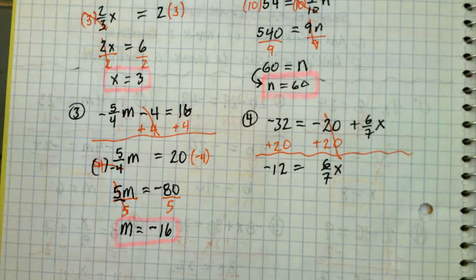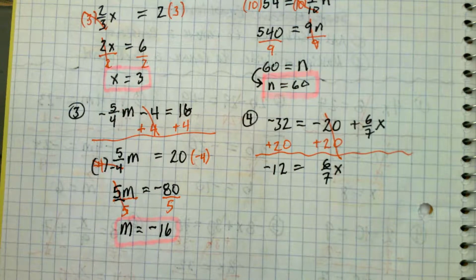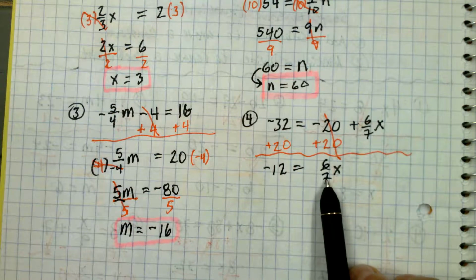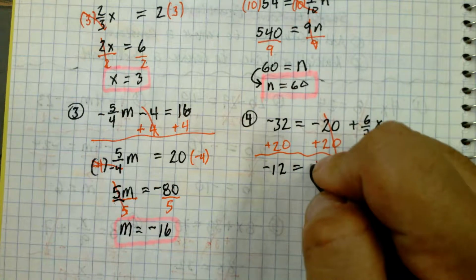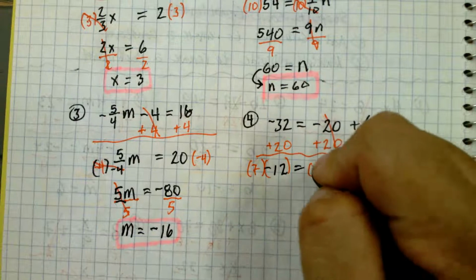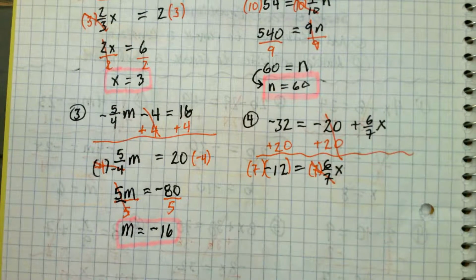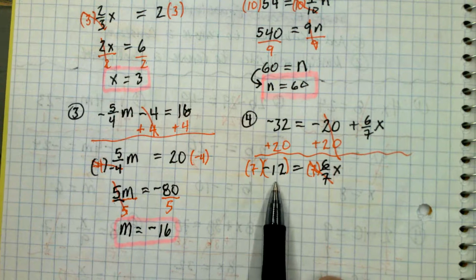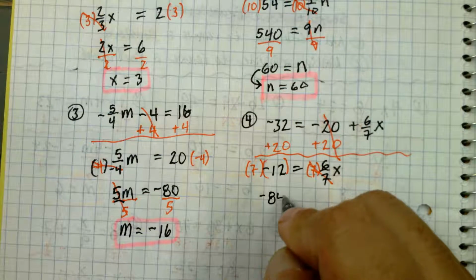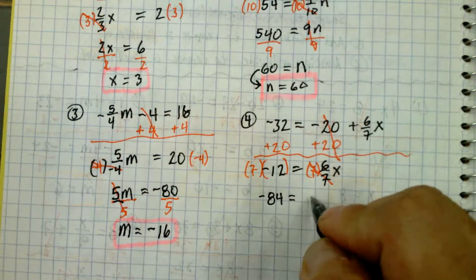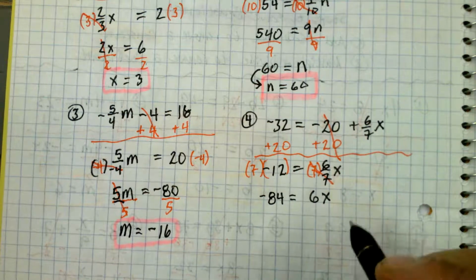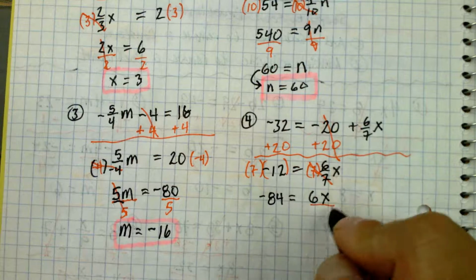Okay. So now let's see what we have. We have 6/7 times x. Again, we'll get rid of the denominator by multiplying. And what should I multiply by? 7. To cancel. Over here, we get 7 times negative 12. That's negative 84. Equals 6 times x. And now we get rid of the 6 by dividing.